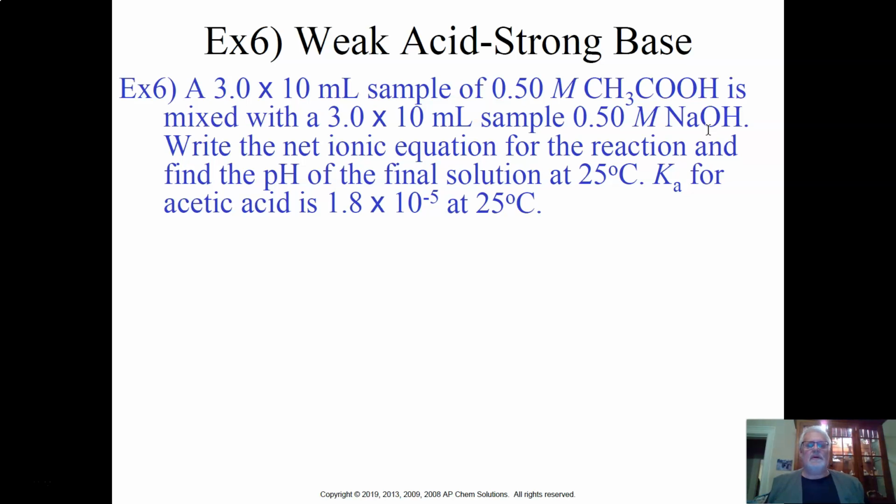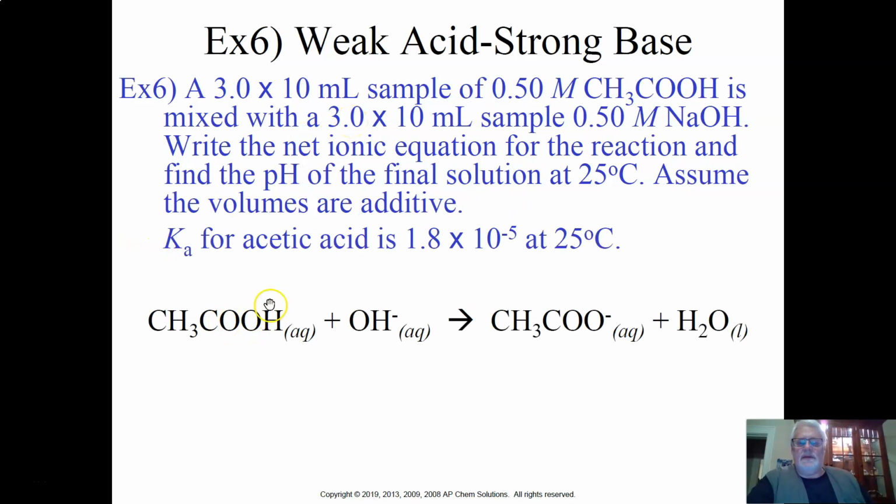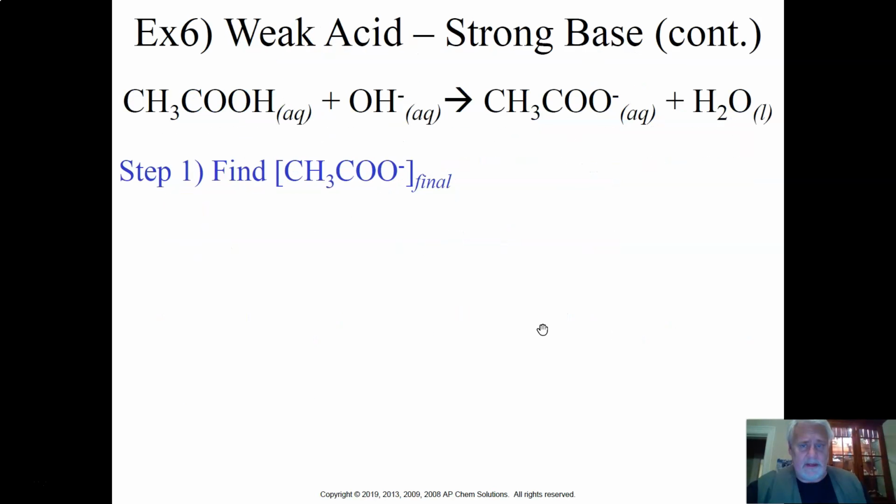So it becomes more straightforward. But of course, you can write the net ionic equation. Nothing's going to change for that. The same general type of rules are used there. There's your base, there's your weak acid. So that part is the same.